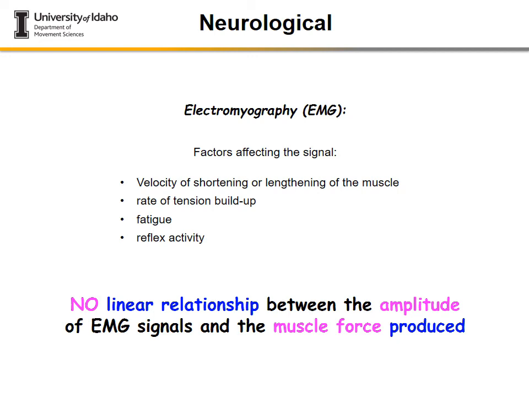So we know that in an isometric contraction, we tend to see the greatest amount of force produced and EMG activity that's excitable. But as we go in smaller increments of that force production, we don't see the same decreases or increases in EMG activity per unit. So this is going to be something very important for you to understand. There's no linear relationship between the amplitude of the EMG signals and the muscle force produced.